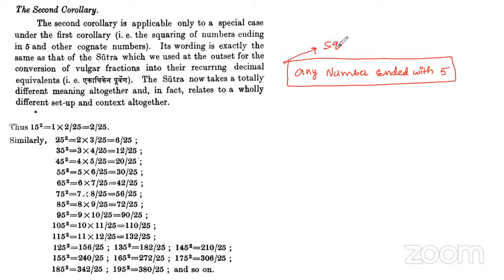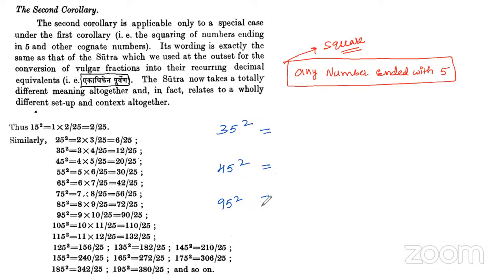Ekadhikena Purvena means one more than the previous one. Suppose 35 square we want, 45 square we want, 95 square we want.